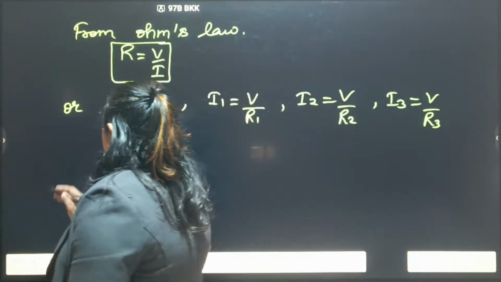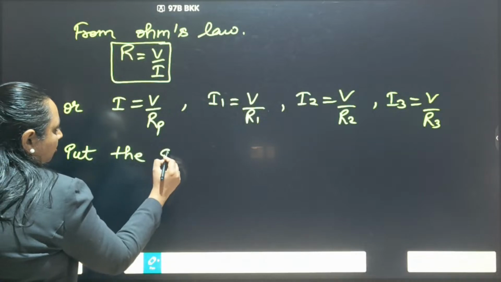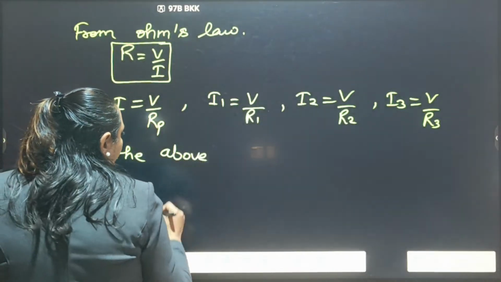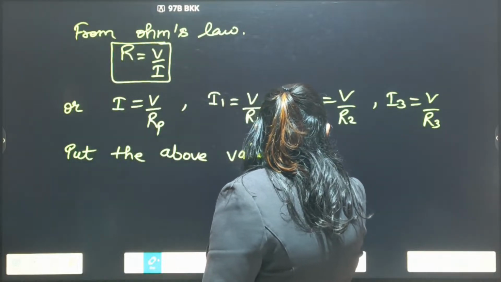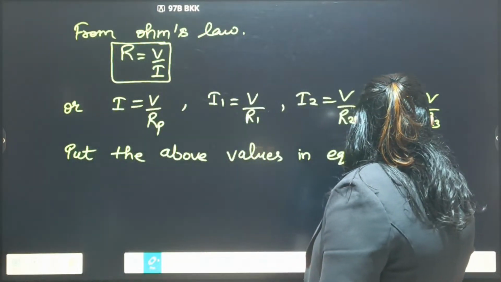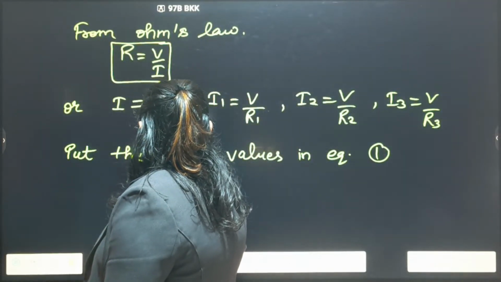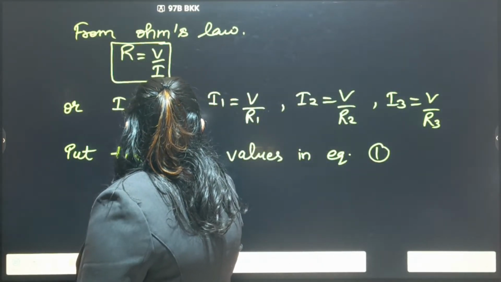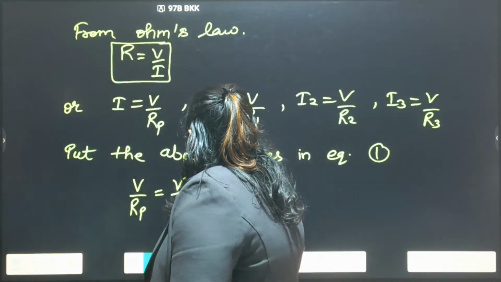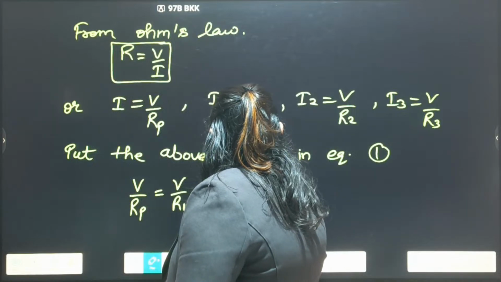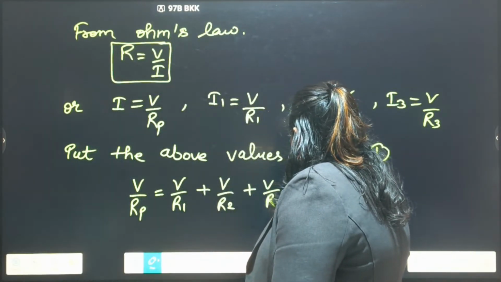Put these values in equation number 1. So put the above values in equation number 1. So what we got? V over RP is equals to V over R1 plus V over R2 plus V over R3.